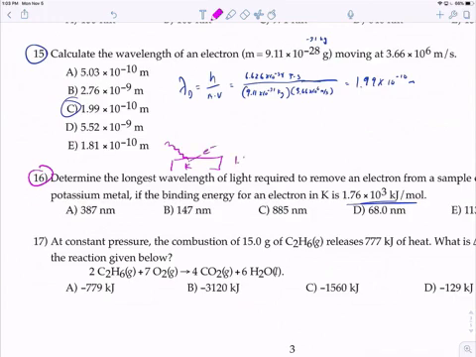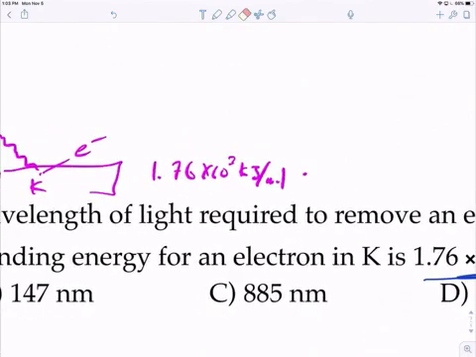And actually I should write it this way: kilojoules per mole times atom K.